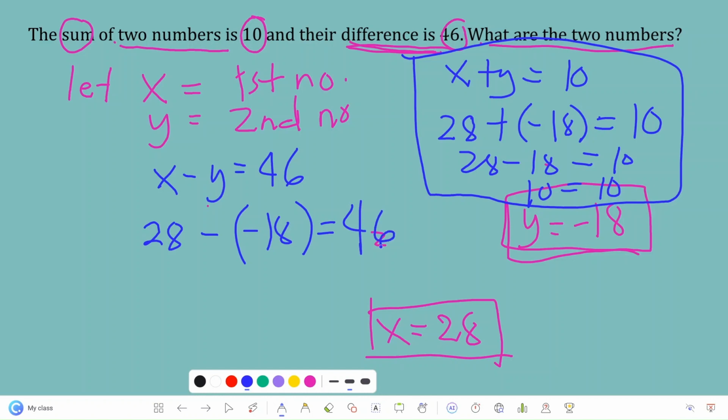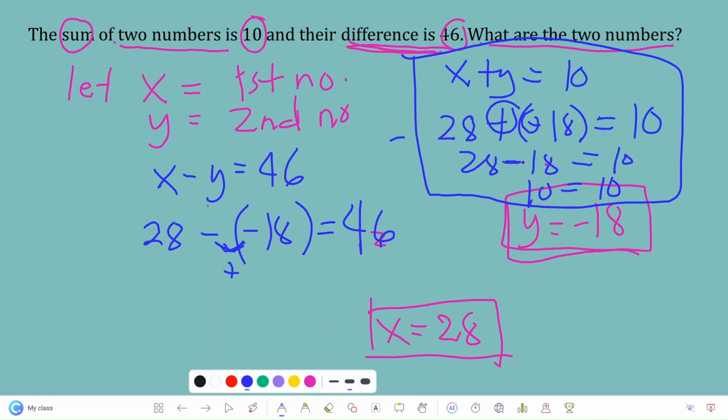Ngayon, 28 minus minus, tandaan na kapag mag-multiply ka ng parehong dalawang sign should be equal to a positive. And positive times positive is also positive. Magiging negative lang kung magkaiba sila ng sign. Tulad dito sa ating first equation, this is positive, this is negative, kaya negative 18 ito.